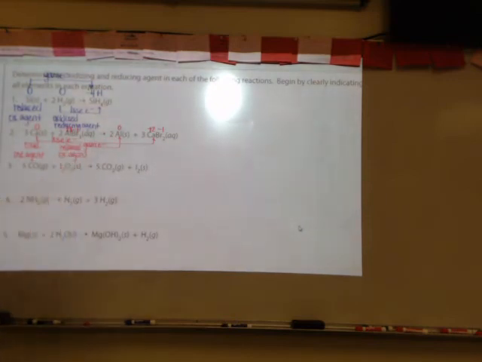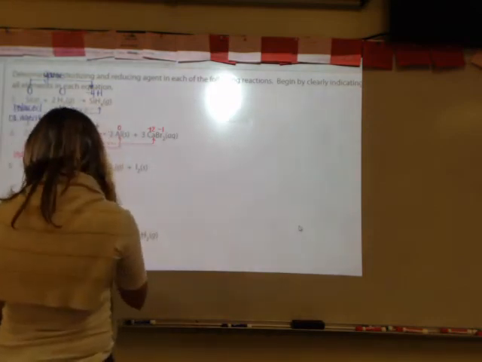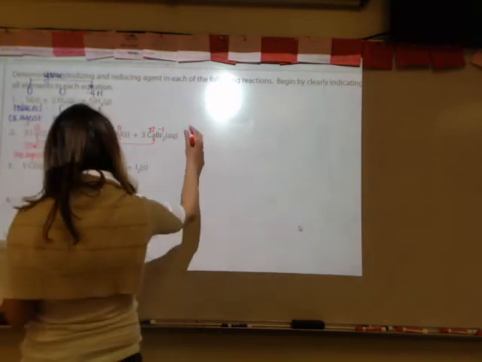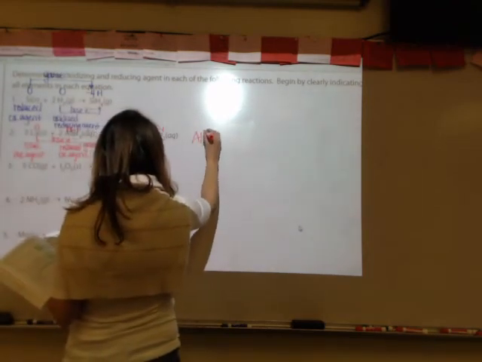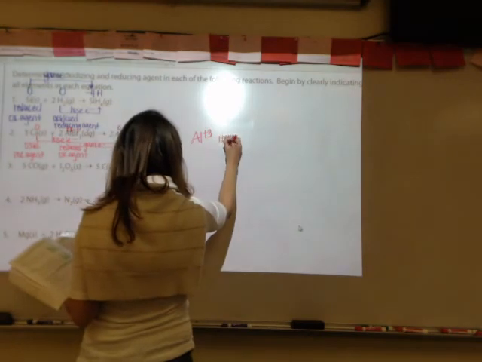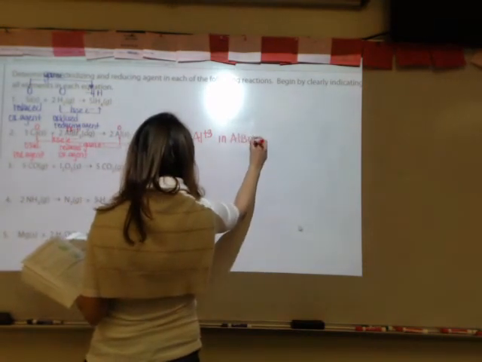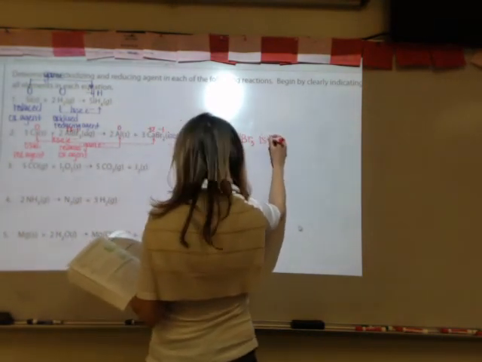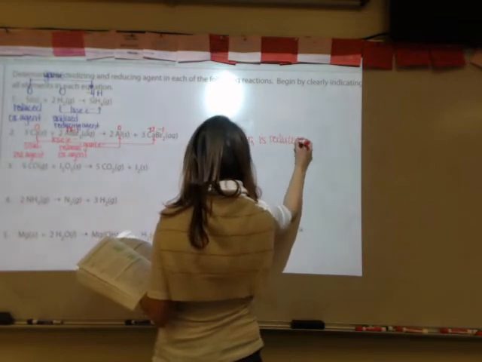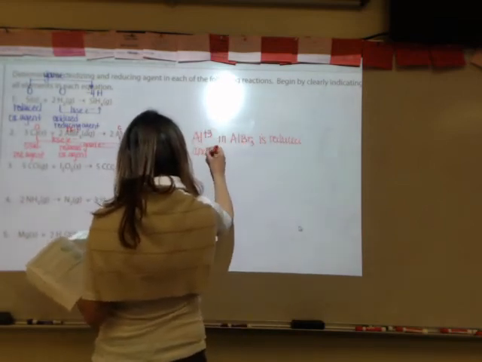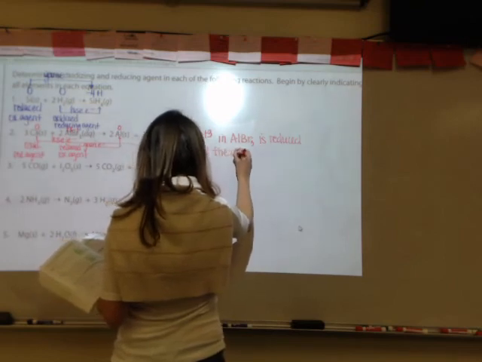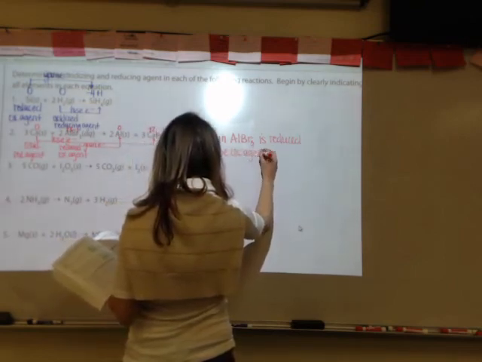Now, let me explain a couple of things. If you have a compound, and it's an ionic compound, then you can say that the Al +3 in AlBr3 is reduced, and the oxidizing agent.